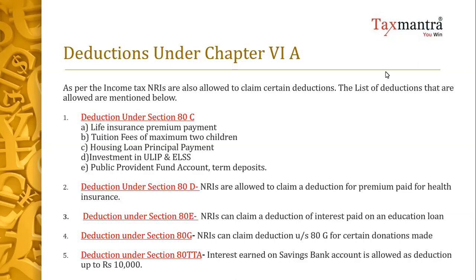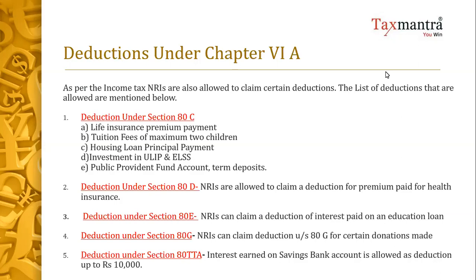Under chapter 6A, NRIs can claim deduction under section 80C up to rupees 1.5 lakh as per the limit. Deduction under section 80C has many criteria, as many investments are eligible for deduction under section 80C. However, for non-resident individuals, the investments mentioned here qualify as deduction under section 80C.